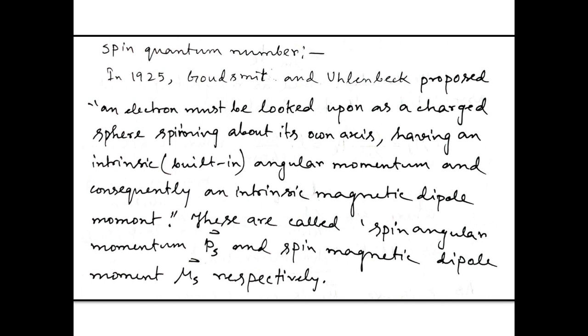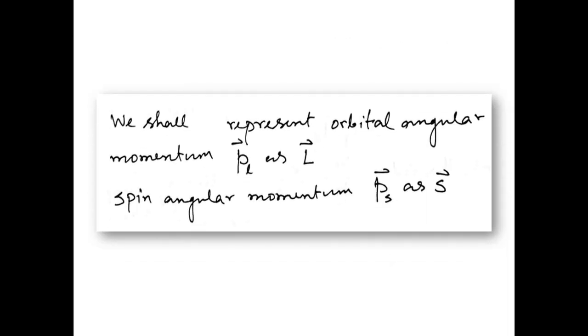So we shall write PL as L vector. We will be mature enough to tackle the chapters of atomic spectra. We will not carry on the quantity by PL, just capital L vector, and the spin angular momentum just by capital S vector. So actually it is a vectorial representation of quantum numbers, the vector model of quantum numbers.